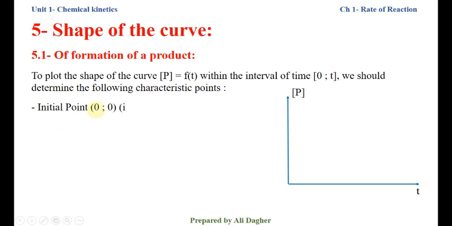First, initial point 0, 0, if initial concentration of product equals 0. Sometimes the initial concentration of product is bigger than 0, but in most cases it is 0.